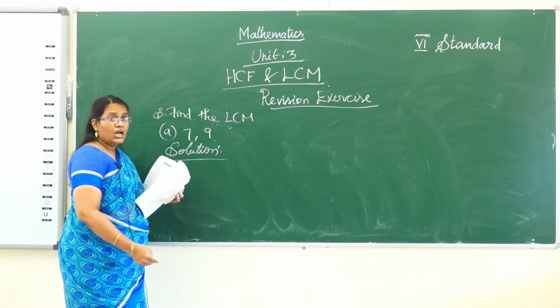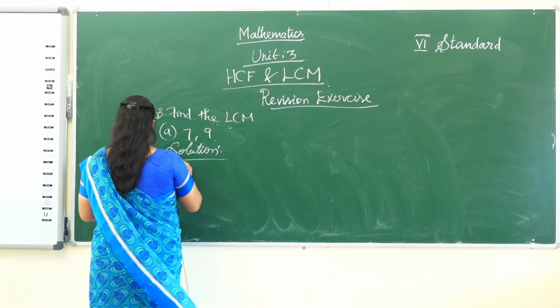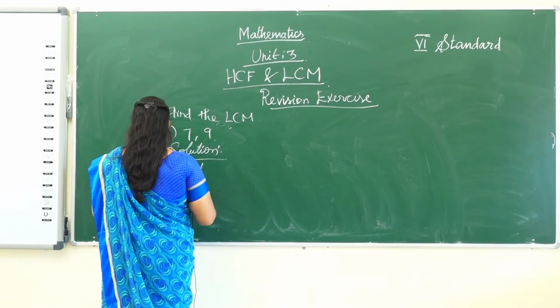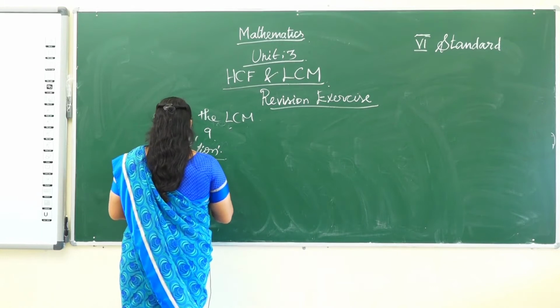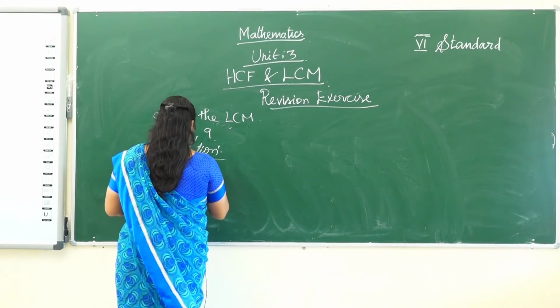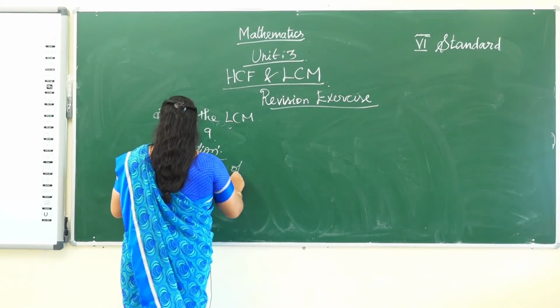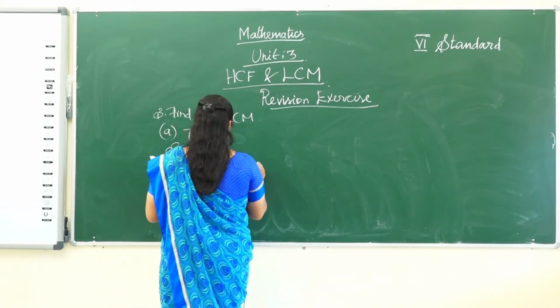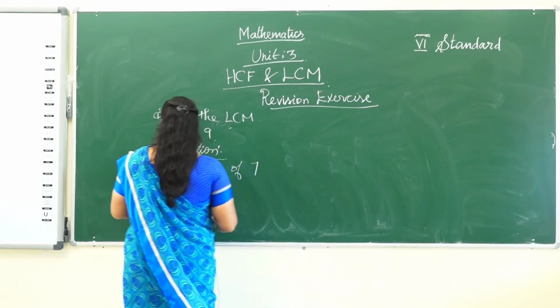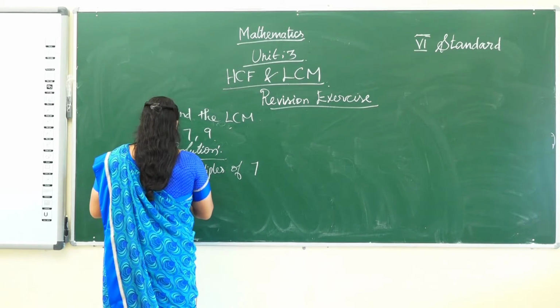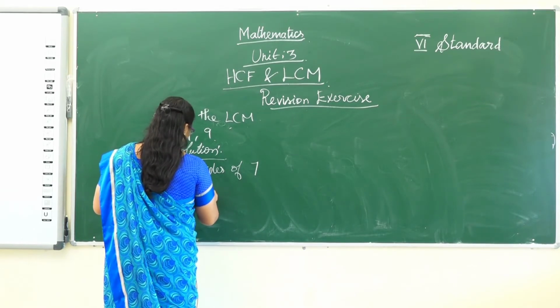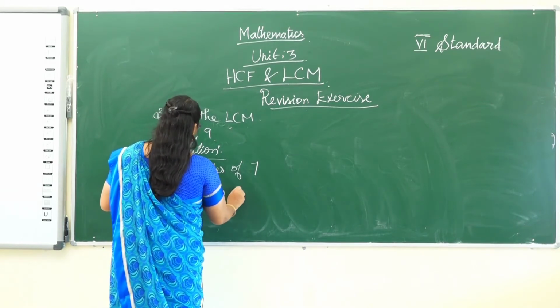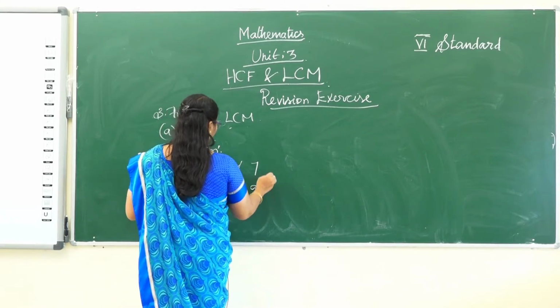So first write the multiples of 7. Okay. And then multiples of 9.